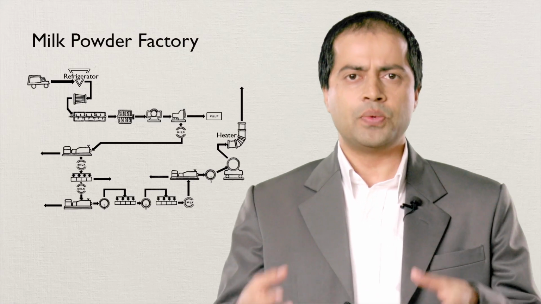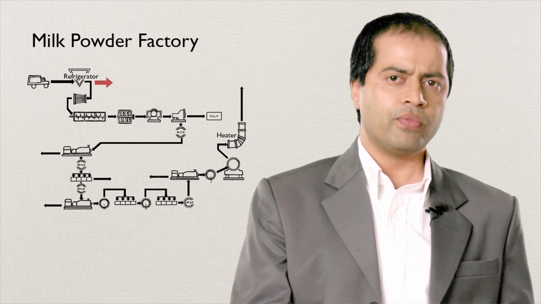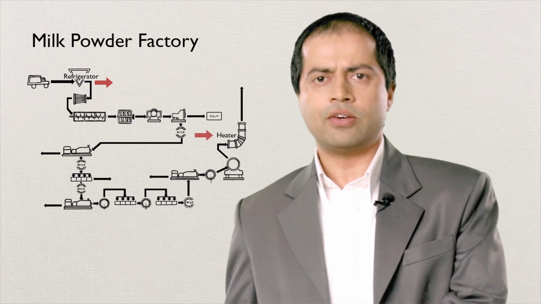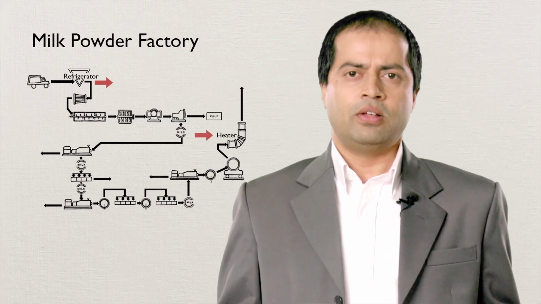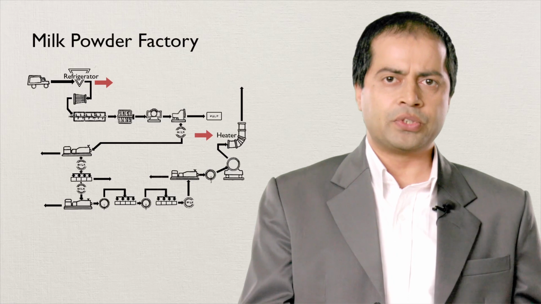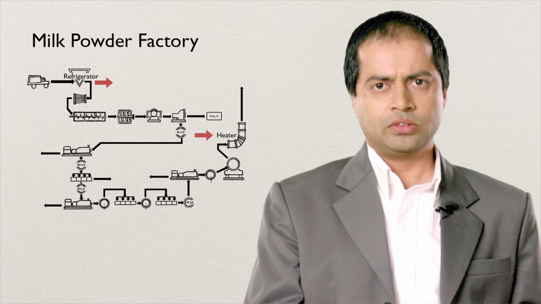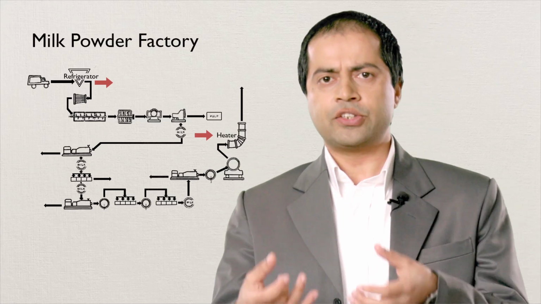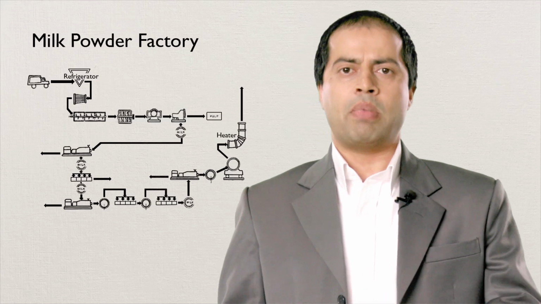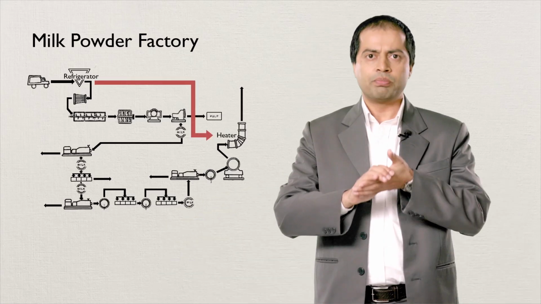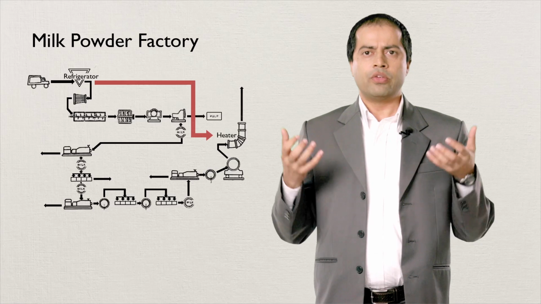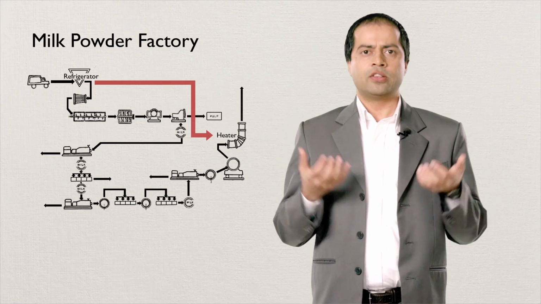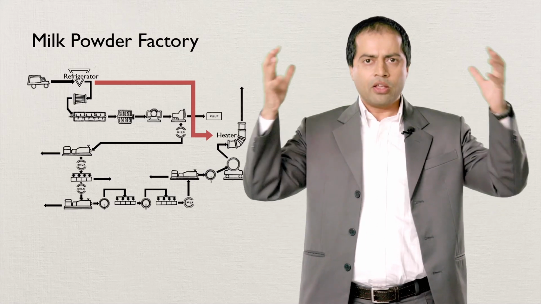The factory uses a refrigerator at the beginning and a heater at the end of this process chain. The cooling process produces heat as a waste product, while the heater requires it as an input. By combining these two processes, we can reuse the waste energy and thereby increase the overall efficiency of the system.